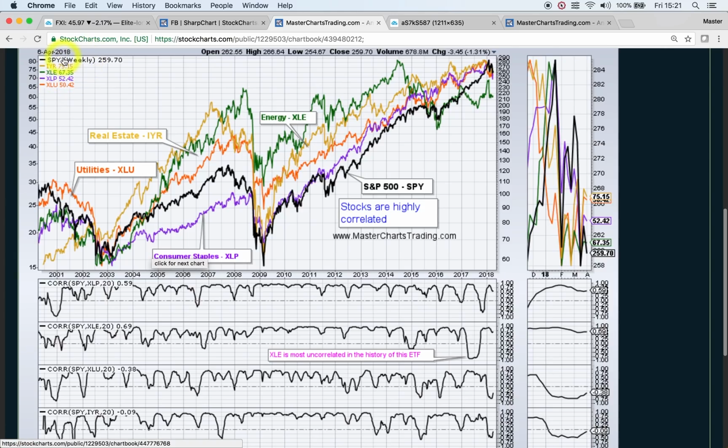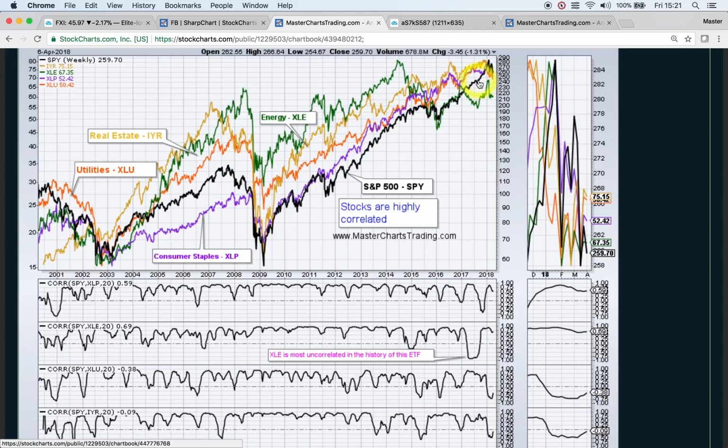We have S&P 500, real estate in yellow, XLE energy in green, XLP consumer staples in purple, and XLU utilities in orange. And overall, visually, you can see that these funds are sort of moving in lockstep.